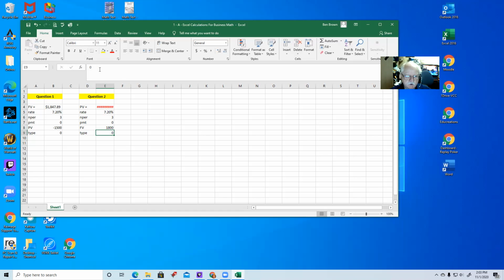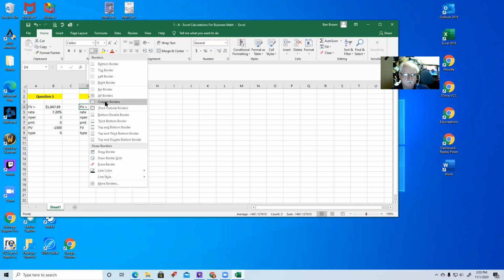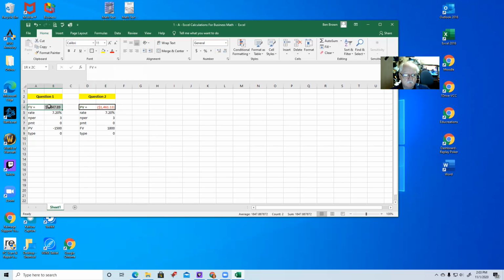So if we make this positive, notice they give us this as a negative number, which is quite reasonable because the cash flow concept says this should be negative, even though when we calculated it by hand, we did not get a negative value here. So you can do it either way, but you have to get used to the fact that one's going to be negative and one's going to be positive.